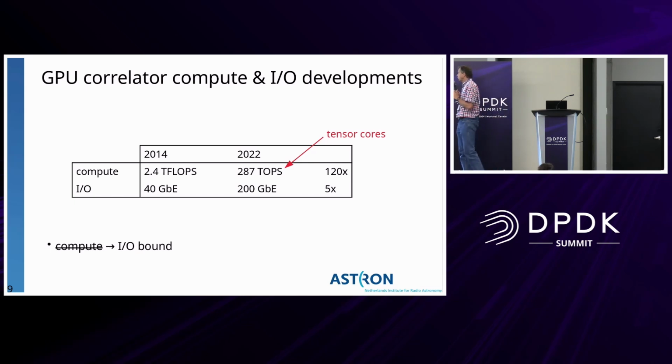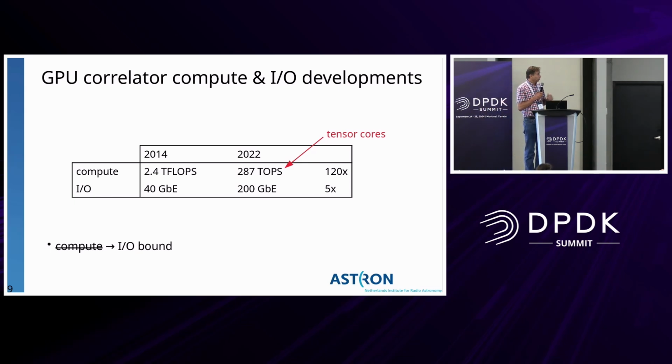That's even 2 years ago that we got 2 orders of magnitude better, and that's basically due to the introduction of tensor cores, which we can find in the GPUs from the last 5 years or so. These tensor cores are special purpose hardware to accelerate training and inference in deep learning, but we use them for signal processing, and that gives us an enormous performance boost.